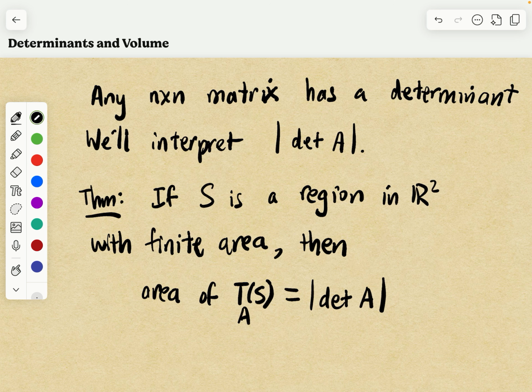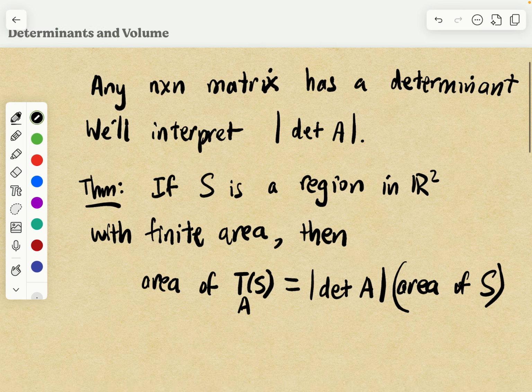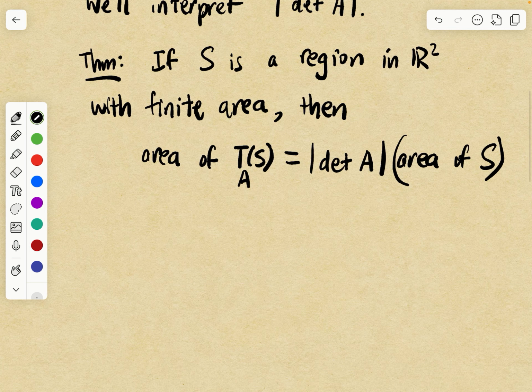Absolute value of the determinant of A times the area of S. Okay, so the area of S is a number. I multiply by the absolute value of the determinant of A. I get the area of the image of S under the transformation. Okay. So that's in R2.